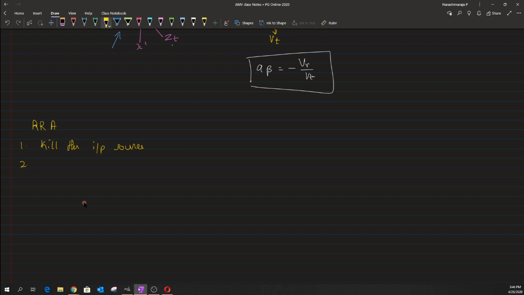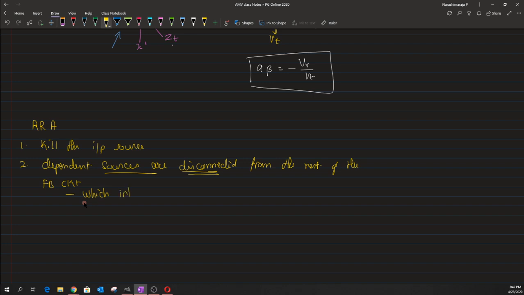Now where exactly this breaking has to be done is by this particular method that I'm going to write: the dependent source that we have in the basic amplifier is basically disconnected from the rest of the feedback circuit. So this disconnection gently mimics, or basically introduces, a break in this feedback loop.